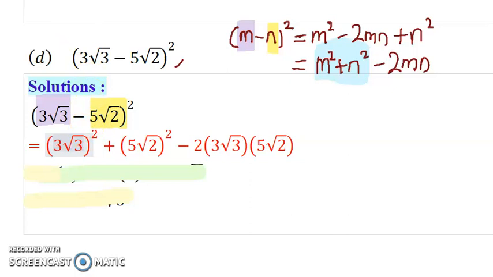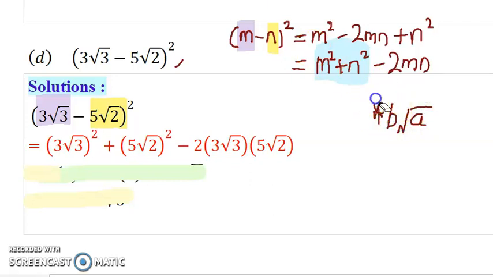Then now, we go for the next part. How we happen to have the answer simplified. So 3 square root of 3 in here, just a precaution. If let's say you happen to have a surd term such that you have b times square root of a, and I want this term to be squared, the result will be: I need to square the b, I need to square the square root, and this is the result.